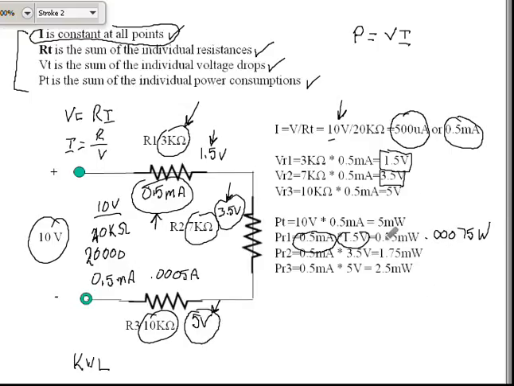At R2, I have 1.75 milliwatts, or 0.00175. And at R3, I have 2.5 milliwatts, 0.0025.